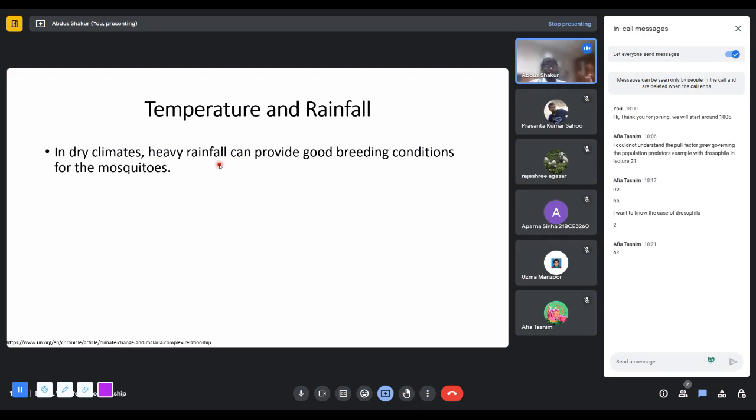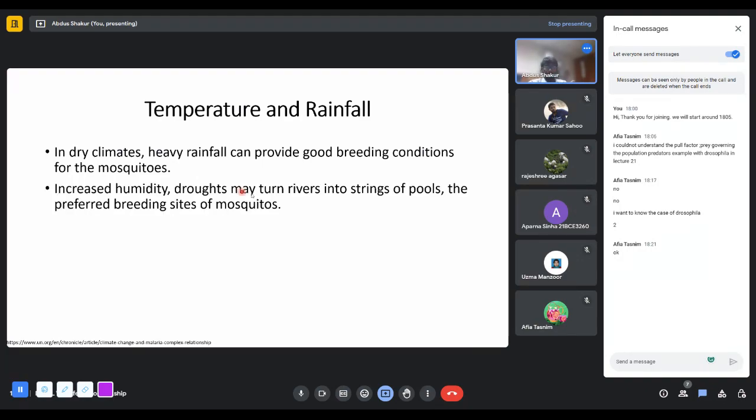For instance, if you talk about mosquito and malaria, in dry climates, heavy rainfall can provide good breeding conditions for mosquitoes. Here, rainfall is attracting mosquitoes because in dry climates, when heavy rain happens, you can have puddles of water that will be ideal for mosquitoes to breed. And then if there are some infected mosquitoes, malaria also increases simultaneously. So here, rainfall acts as a pull factor for mosquitoes.